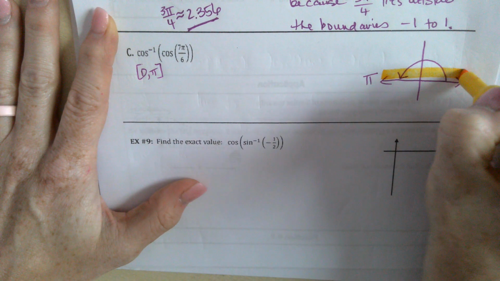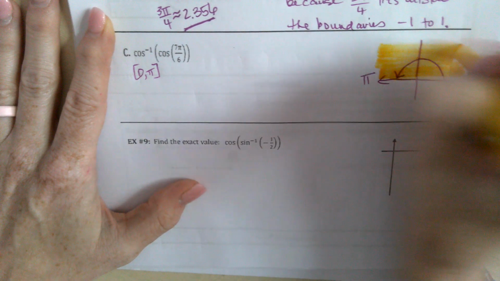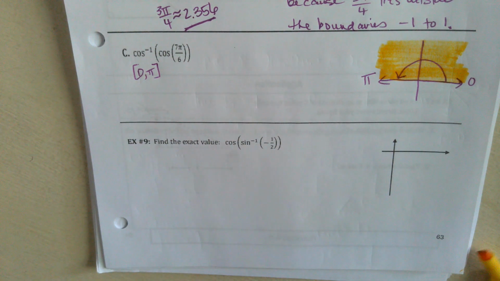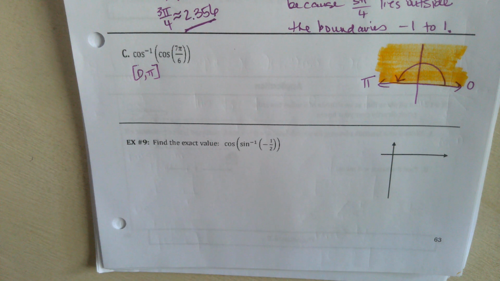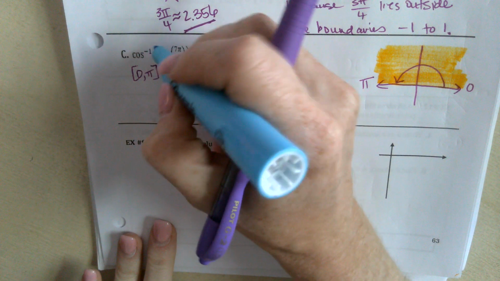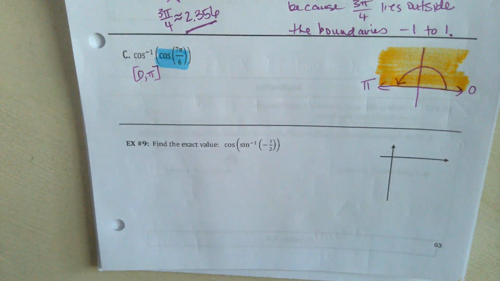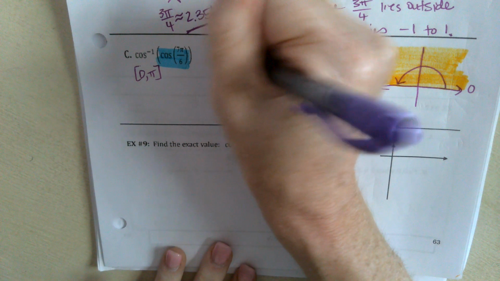So my final answers for this problem, if I have any, they're going to have to land here in that boundary. Okay? So I am going to start with my innermost function, and right here, I'm going to calculate.